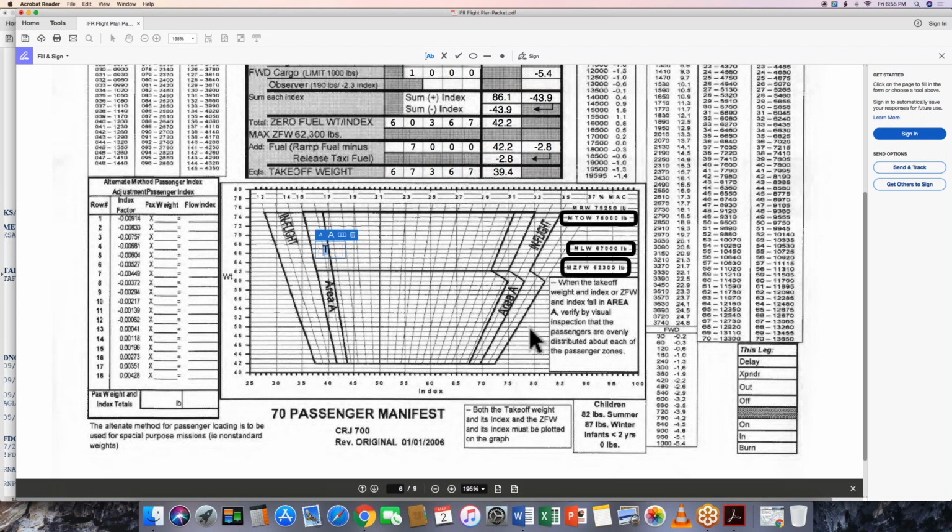As long as we're inside the envelope, we're good to fly, except it's more suggested to see if you can put your CG in the middle of the envelope. Okay.